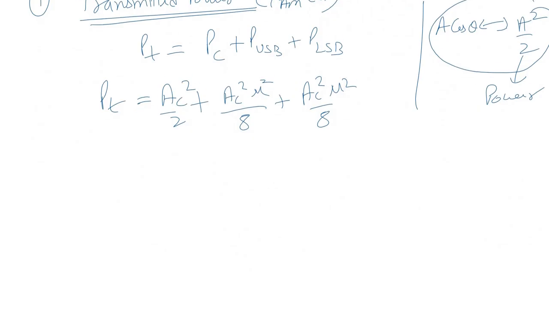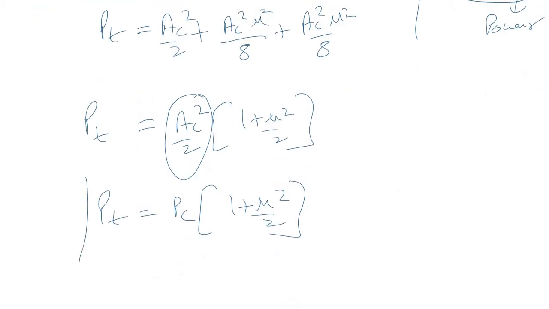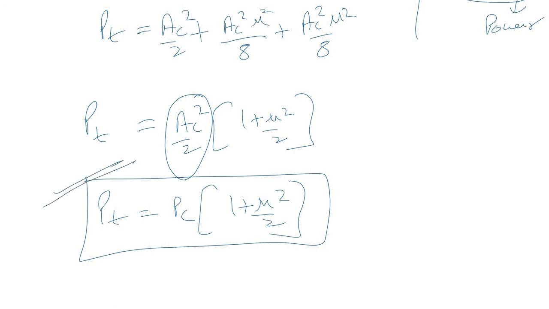Let us simplify this expression a bit. PT is equal to Ac squared by 2 times (1 plus mu squared by 2), and this Ac squared by 2 is nothing but the power of the carrier signal. So PT is equal to PC into (1 plus mu squared by 2). This is a very important expression for the power required to transmit the conventional AM or DSB-C signal.